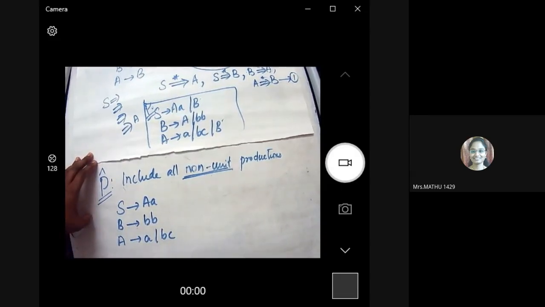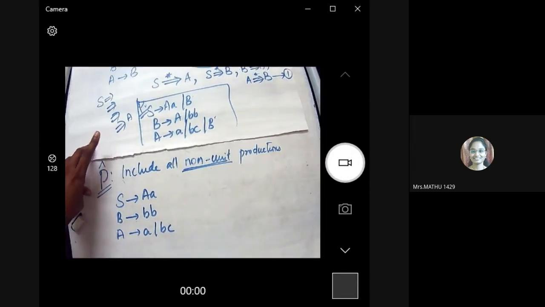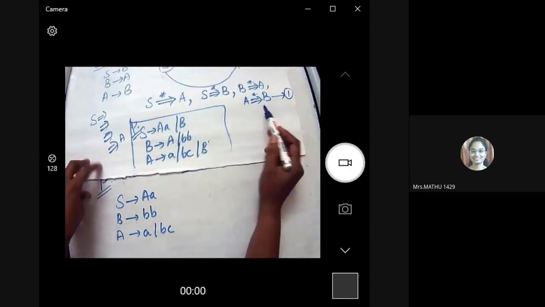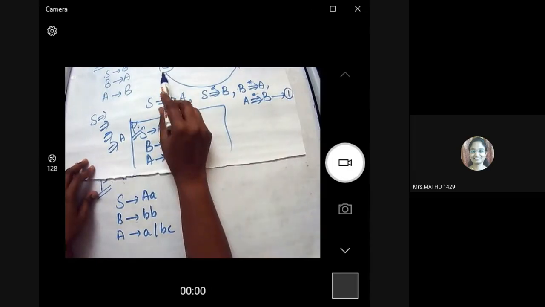Okay. So now to remove this unit production, we want to generate some new productions, right? How can we do that? We have generated equation 1, which has all the walks between different nodes. By looking at the dependency graph, we have come up with the set of nodes that are having a walk between each of the nodes.